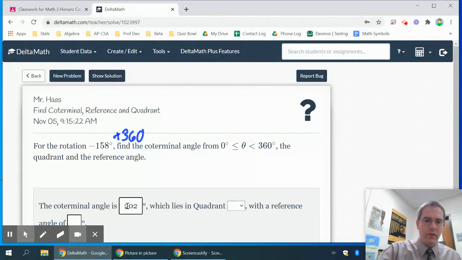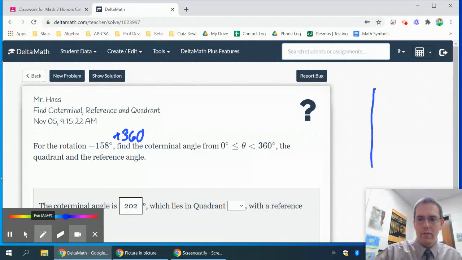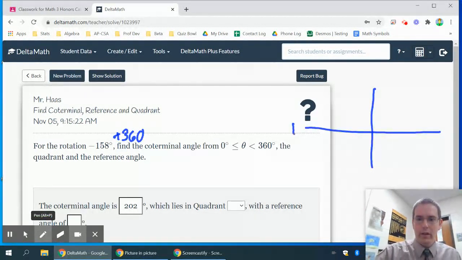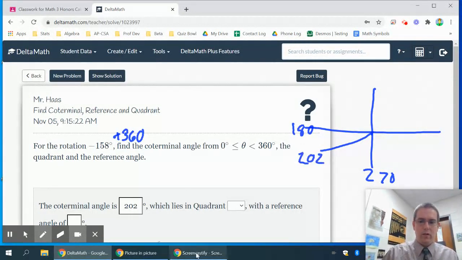Figure out what quadrant it's in. Remember, you can make your graph. If you know 180 is straight across, another 90 degrees would be way down there. 202 would be just a little bit past 180, probably no more than that. So it's in quadrant 3.